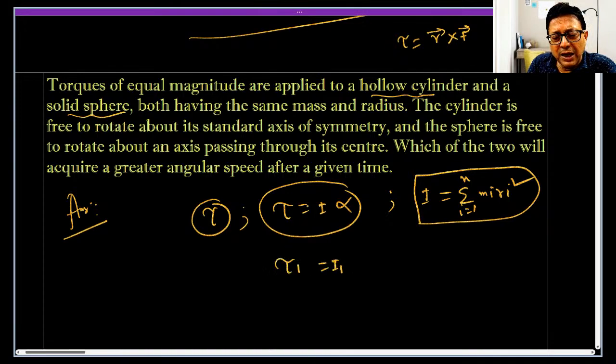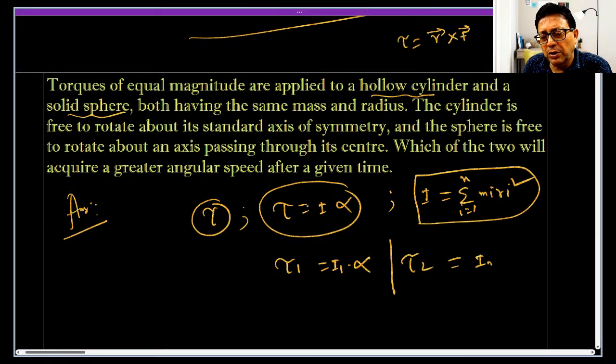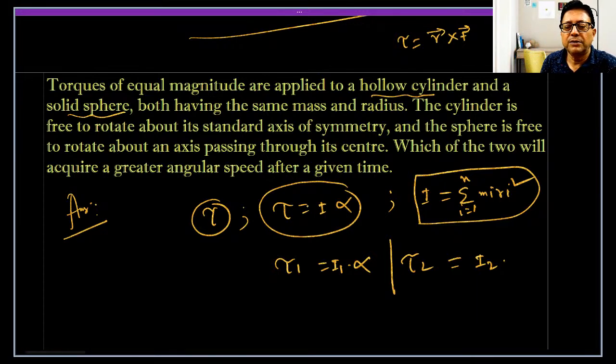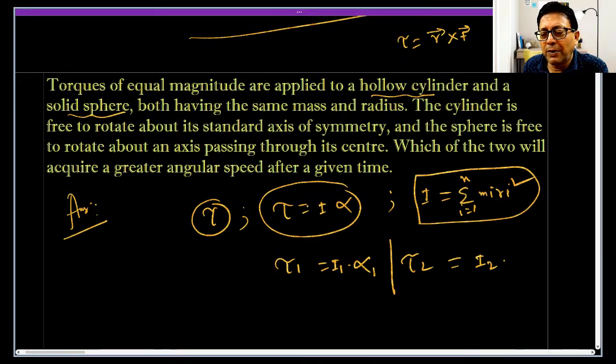So tau 1 will be I1 into alpha 1, and tau 2 equal to I2 into alpha 2. If you can't follow, then better you pay attention here.